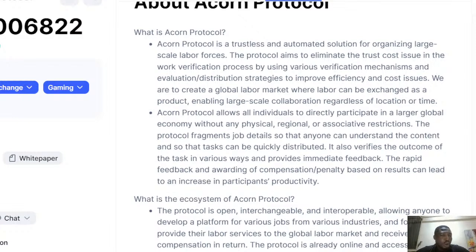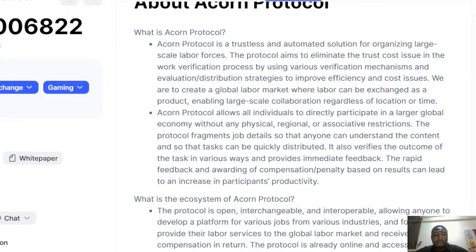Now, the protocol fragments job details so that anyone can understand the content and the task can be quickly distributed. It also verifies the outcome of the task in various ways and provides immediate feedback.